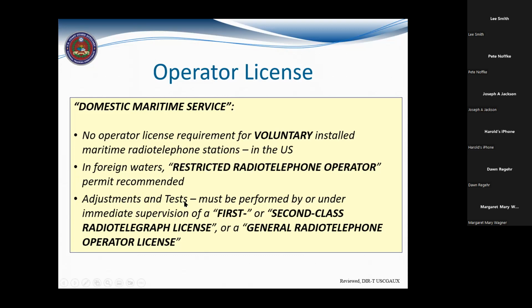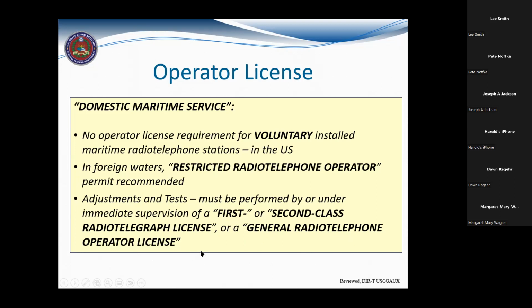In order to be authorized to make adjustments to marine radios and to conduct official tests, you must be licensed as a first-class radio telegraph licensee or a second-class radio telegraph licensee, or hold a general radio telephone operator license.